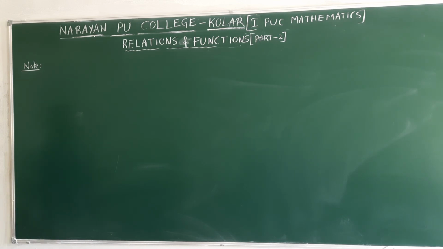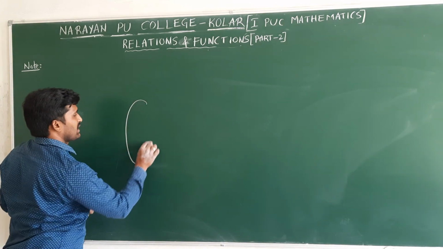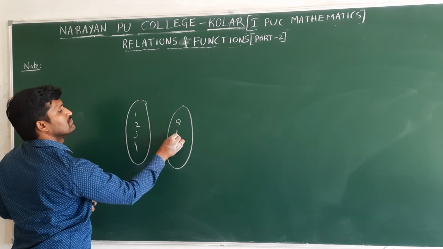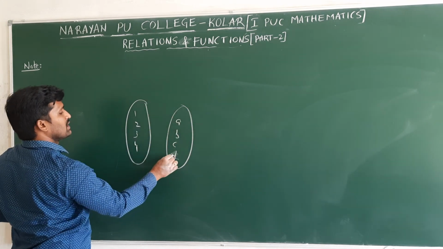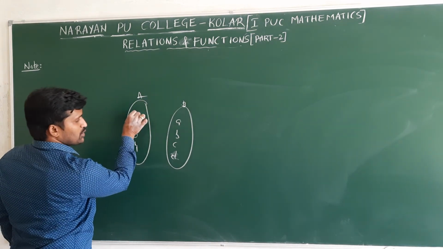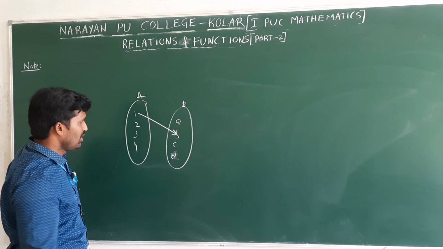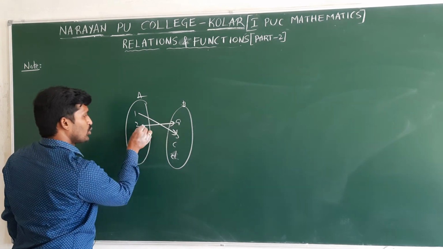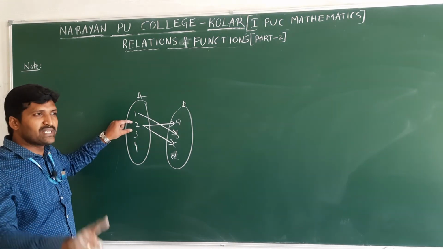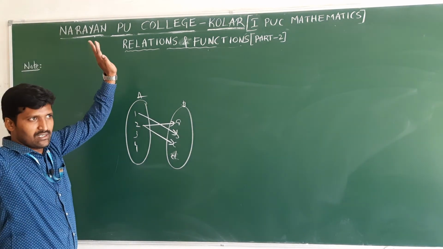Now a relation can be represented using set builder form or roster form, or by visual representation, which means we are using arrow diagrams. Yesterday I explained that we take a set like an oval shape, and the elements are written in it: A, B, C, D. This is set A, this is set B. For example, 1 is related to B, an arrow mark will be taken like this. 2 is related to A like this. 2 is also related to C. As I already said, one object can relate with any number of objects, no limitation for that.